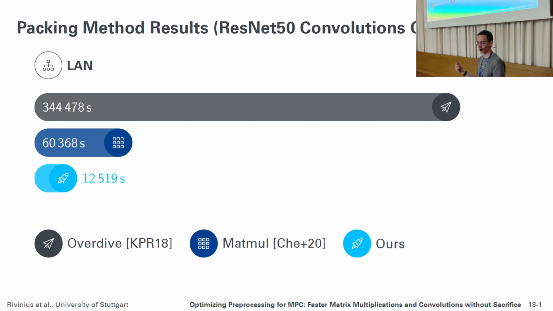Here's a comparison of what that brings you in the runtime. To pre-process all these convolutions that I showed you before for the online phase, you need to generate the triples. You could do it with prior work that uses more expensive homomorphic operations to do matrix multiplication, so they use ciphertext rotations and ciphertext multiplications, which is a lot of compute overhead.